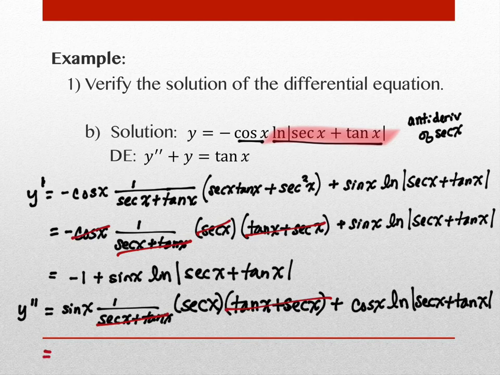So this is actually equal to tangent at the beginning. So you have the tangent of x. Again, it's friendlier to write it that way because it's a single trig expression as opposed to being a product or a quotient of something, right? And then I have the other part that's not able to be simplified any. So cosine of x times the natural log of the absolute value of secant of x plus tangent of x.